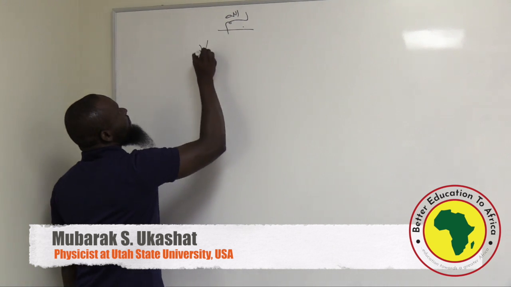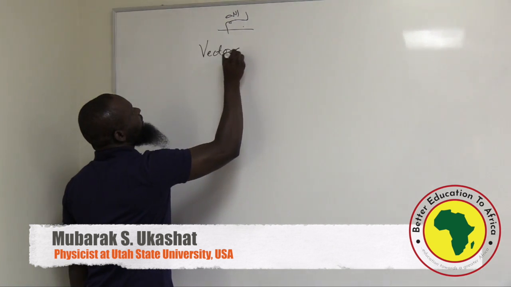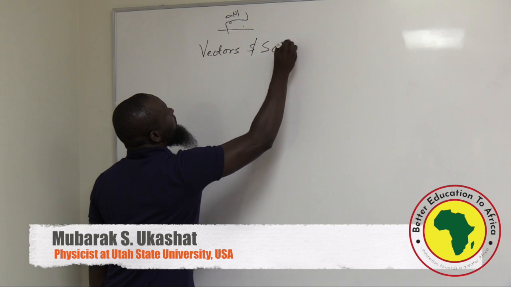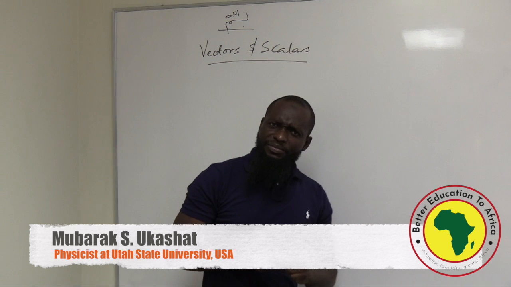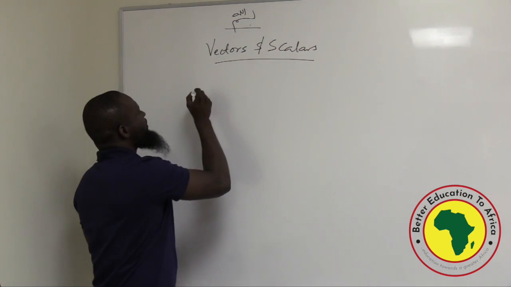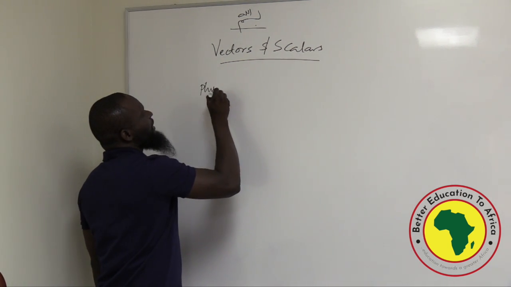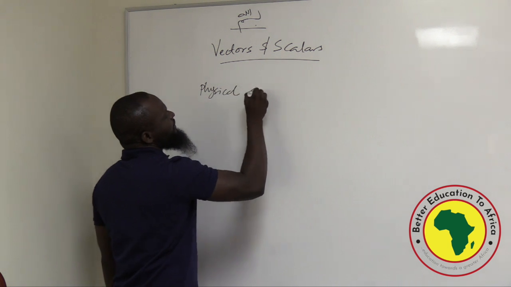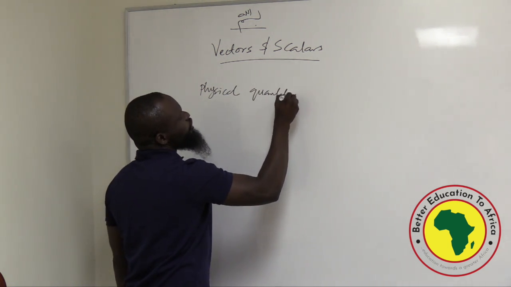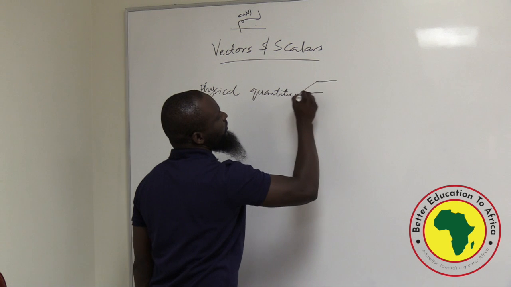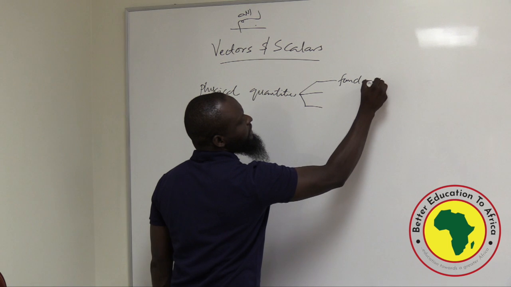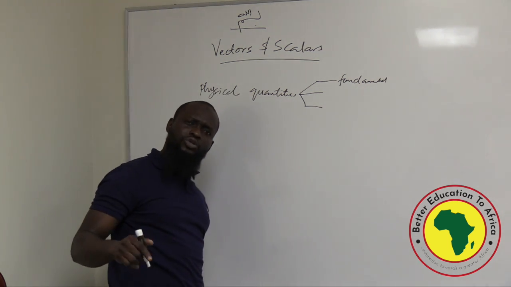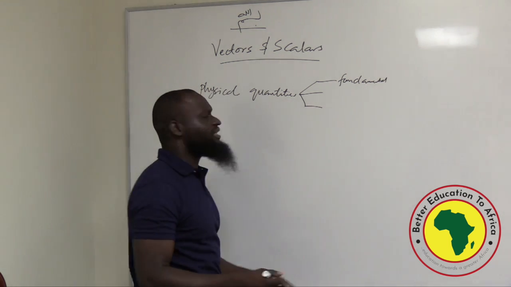So I'm going to start by defining vectors and scalars. In physics, if you remember the first lecture, we talked about physical quantities, and we said physical quantities can be divided into two major groups, or possibly three if you like. We have the fundamental or basic quantities, those that cannot be further broken down into sub-quantities.